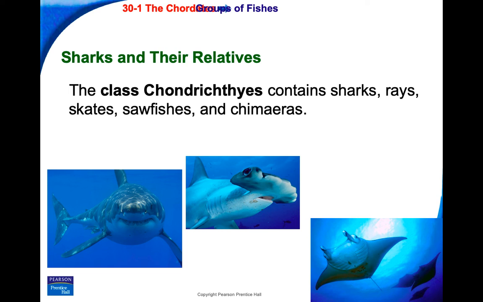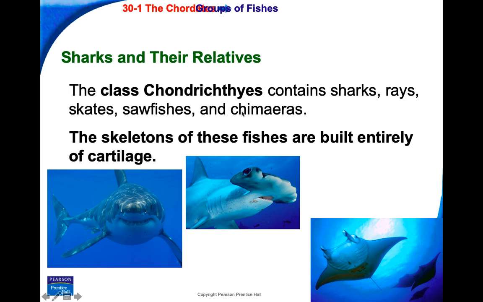Now, the class for this is pronounced chondrichthyes. I always pronounce that wrong. Chondro is Greek for cartilage, so that's what this beginning part of it means. And that just reminds you that all of these sharks and their relatives have skeletons made completely out of cartilage.